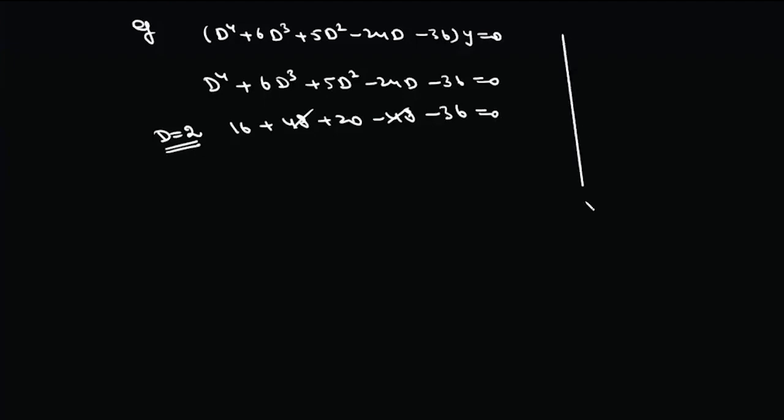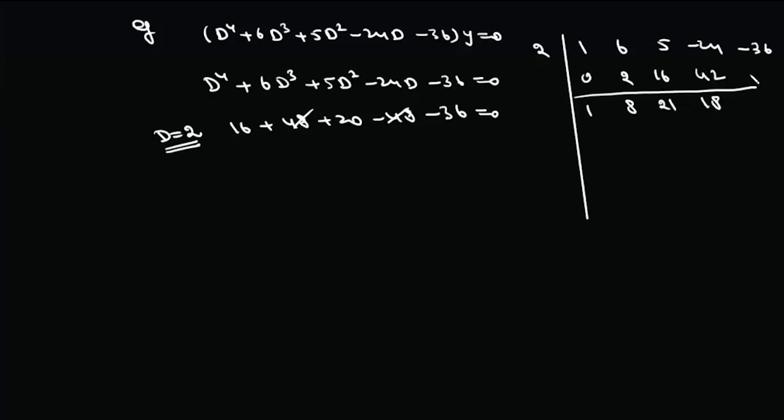Now we'll use synthetic division. This is 1, 6, 5, minus 24, minus 36. This is 2. This is 1, 8, 21, 42, 18, 0.